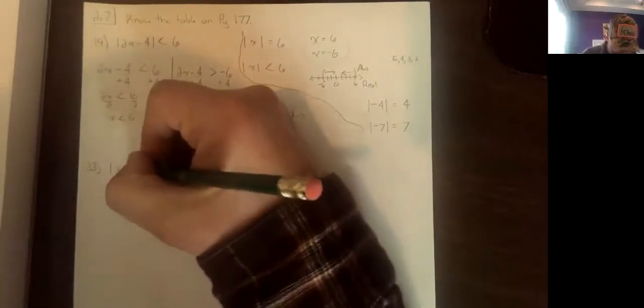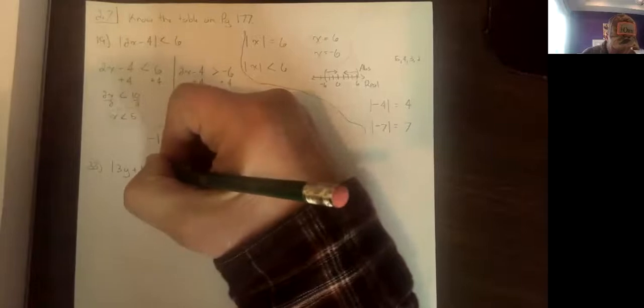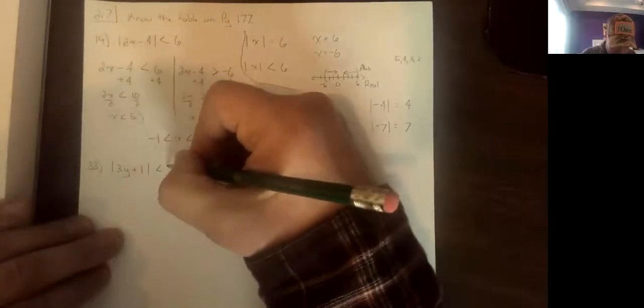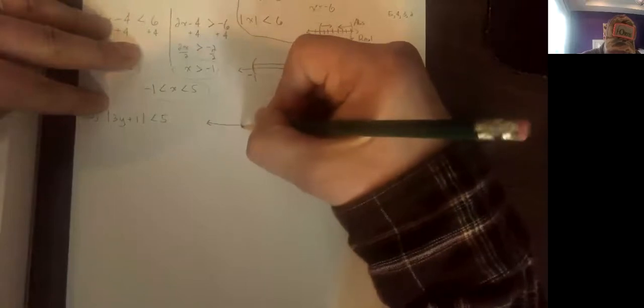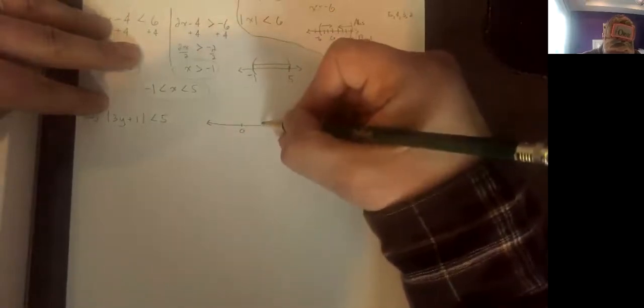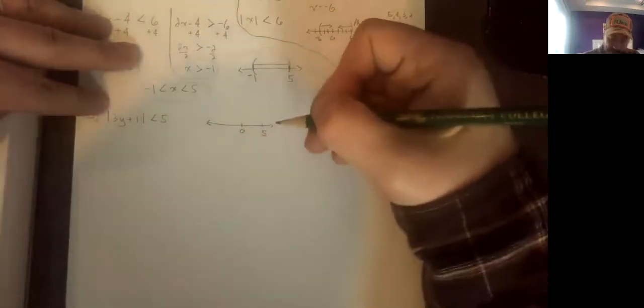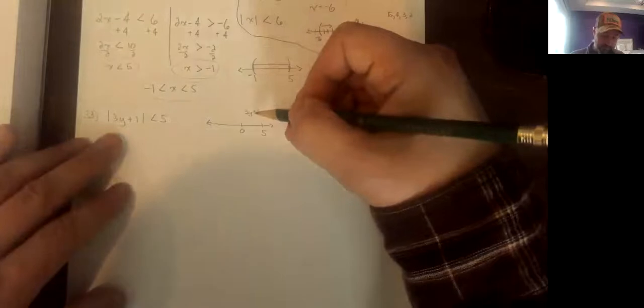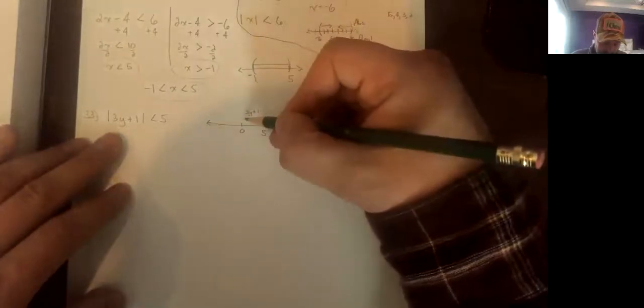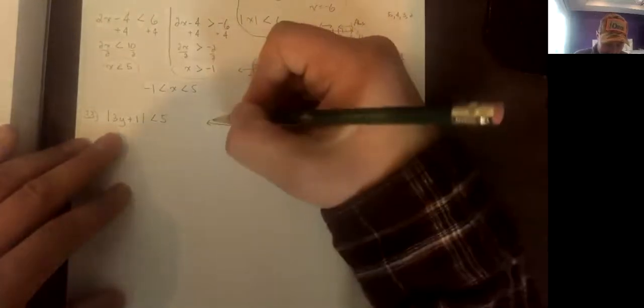33 gives us absolute value of 3y plus 1 is less than 5. So again, let me do something over here with the number line. So we have 5, and I know that the absolute value of 3y plus 1 has to be less than 5.